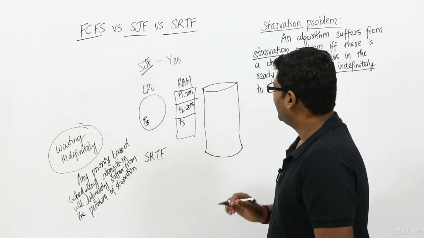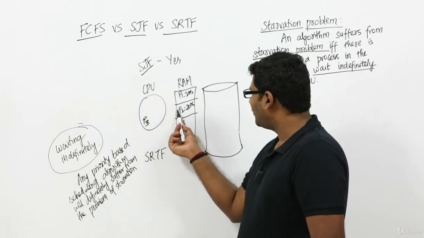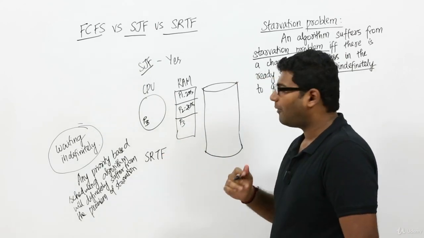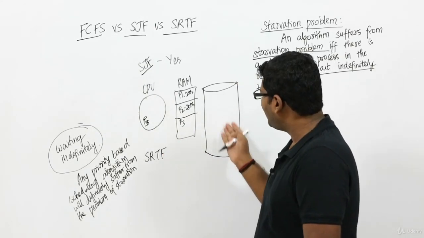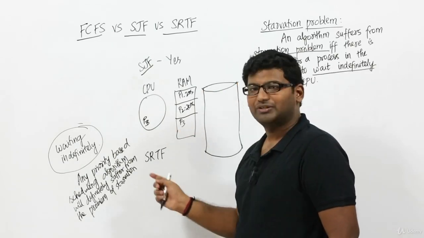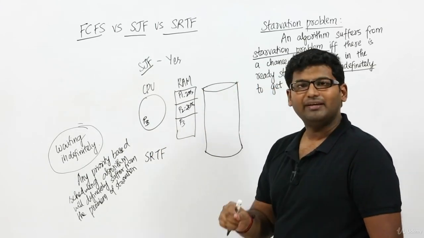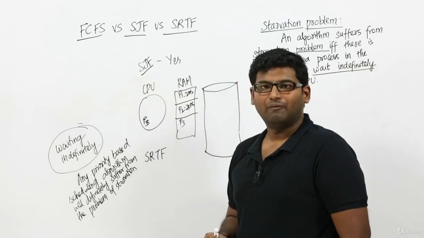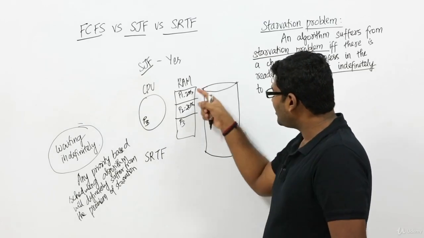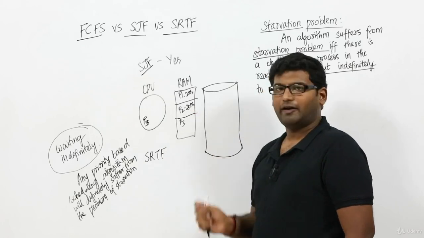Let us assume process P2 has the least priority. Assume that over a period of time, new processes keep moving into the RAM, and those processes which just arrived from the hard disk to RAM will have an execution time less than 20 nanoseconds, which is as good as saying their priority will be higher than that of P2.